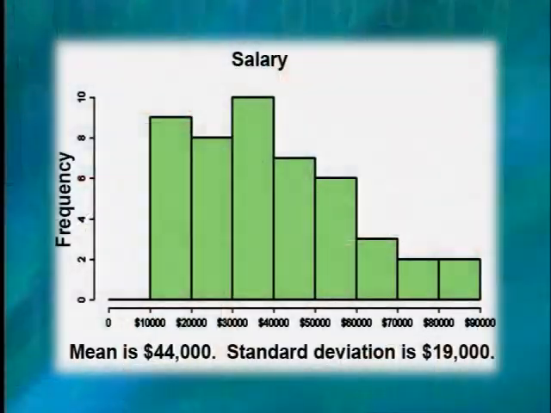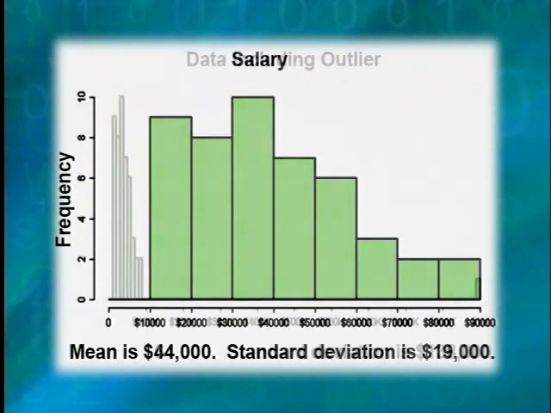Let me just point out that for the salaries of a company, the ones that were less than $100,000, we see that the standard deviation is $19,000. So that's a measure of roughly how far a typical salary in that range differs from the mean, $19,000. But look and see what happens when we add the CEO's salary.